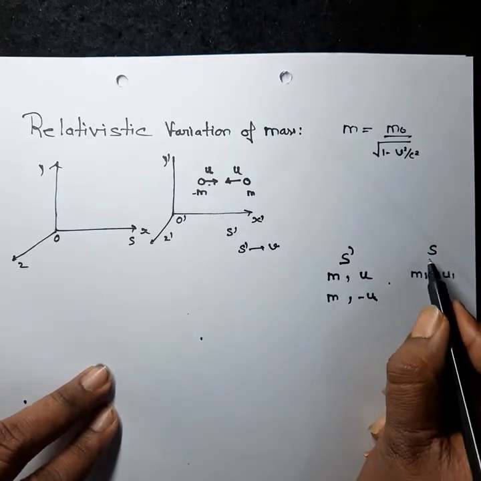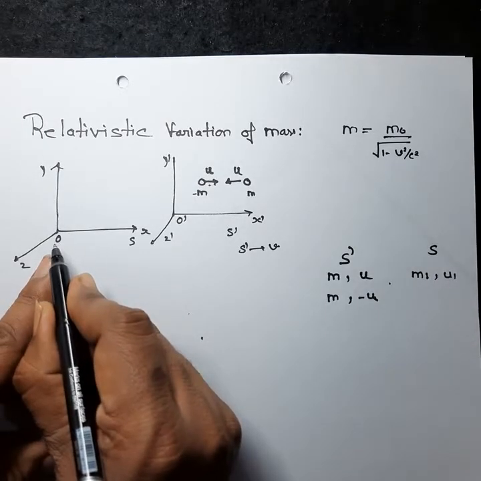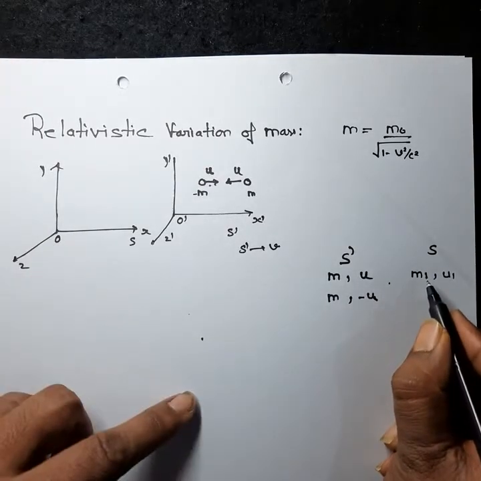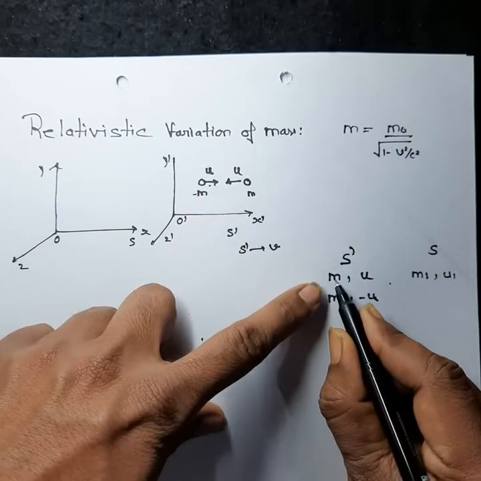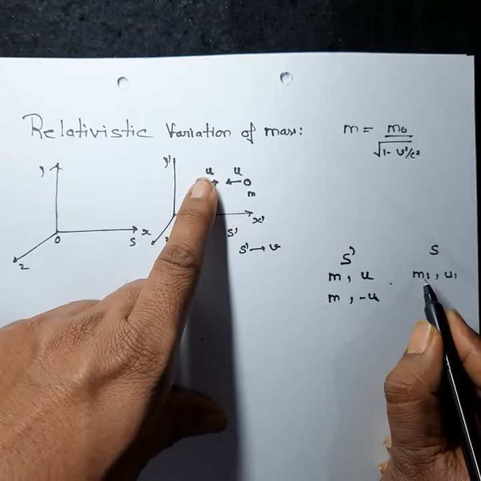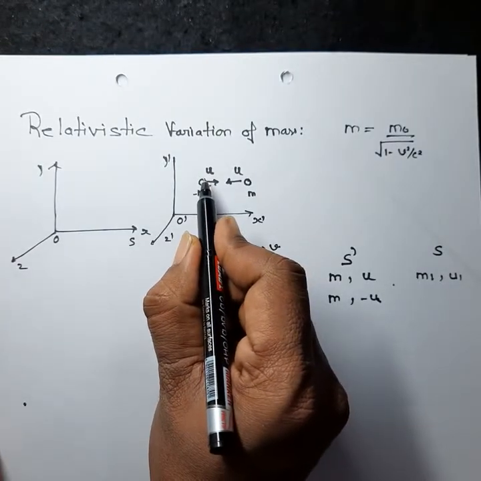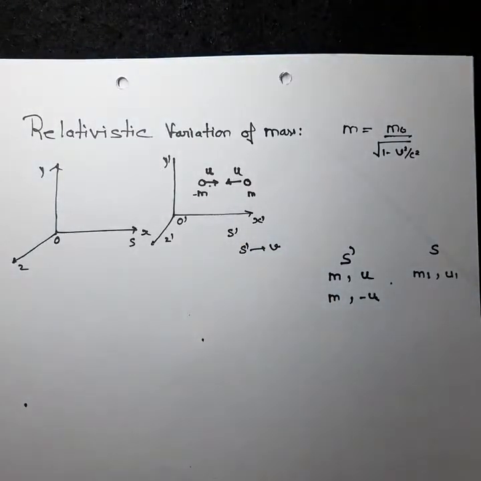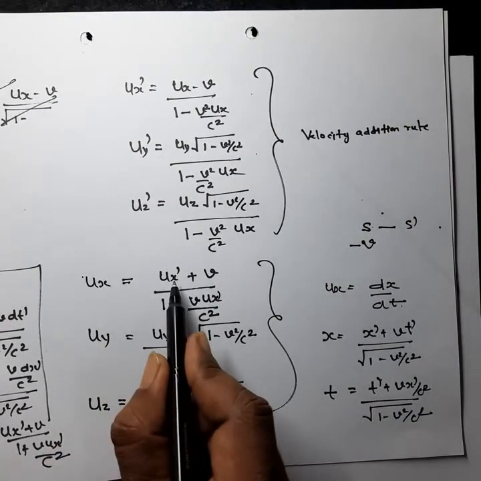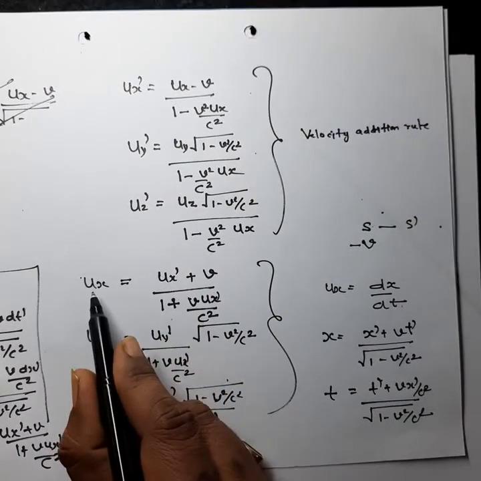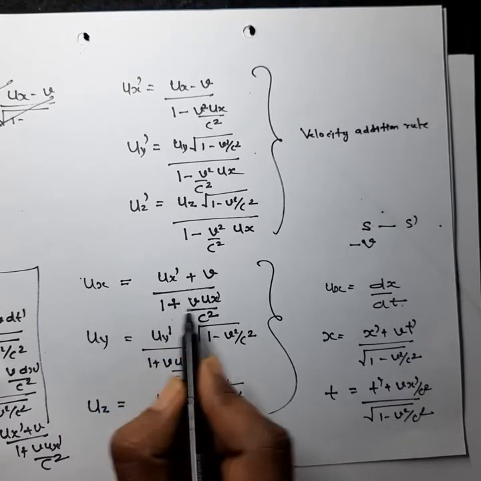But the observer of the S frame of reference, that is O, measures the first mass m as the corresponding mass m1 and its velocity. You know the velocity is a relative quantity. In the previous lecture we derived the velocity addition rule. So if u dash is the velocity component, then the corresponding velocity component in a different frame of reference will be given by this relation.